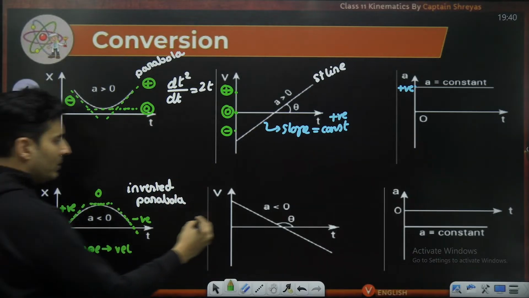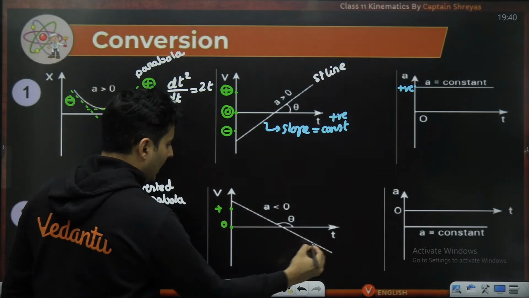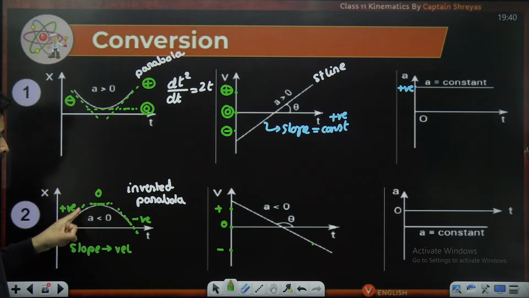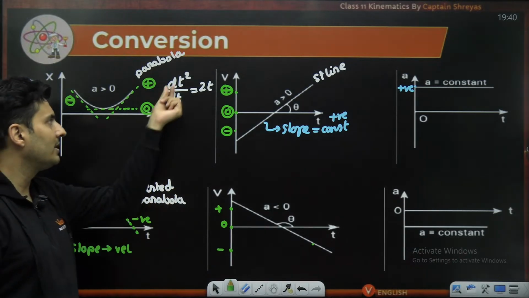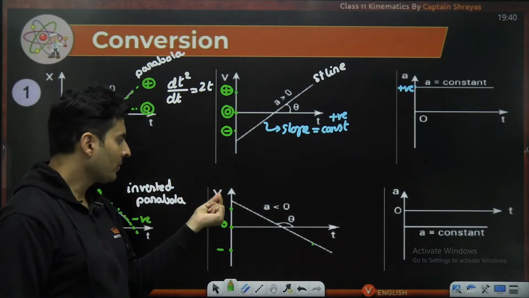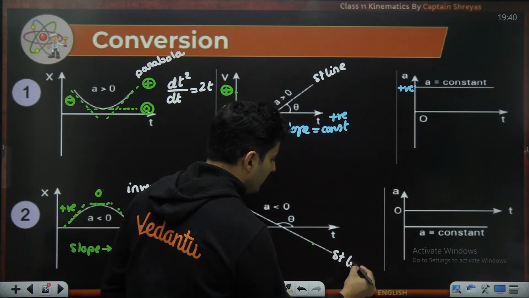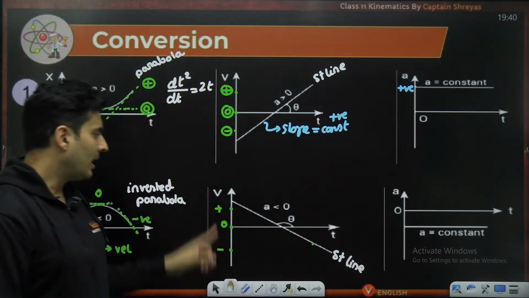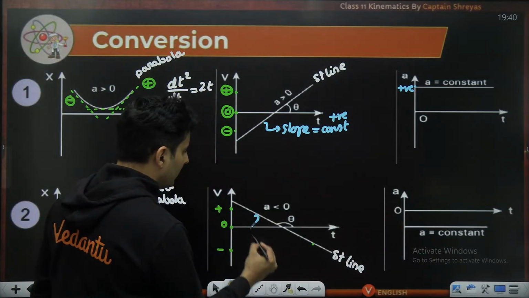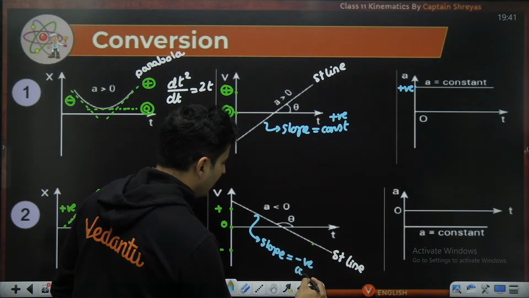As you can see, the slope is initially having some positive value, then it becomes 0, and as you go ahead, it becomes negative. Positive, 0, negative. Because it is a parabola, that means it has a square term. So if you differentiate it, you will get a linear term. That is why the graph is a straight line. And once I know the graph is a straight line, we can clearly see that the slope is constant, but negative constant.